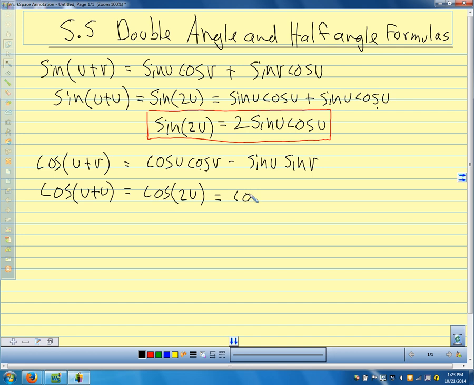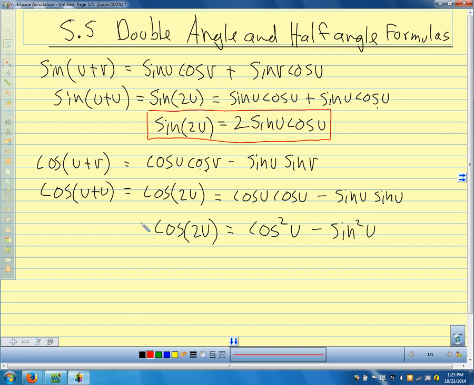And we get cosine u cosine u minus sine u sine u. So that tells us that cosine of 2u is cosine squared u minus sine squared u. So that's our second double angle formula, and this comes from our sum formula for cosine.